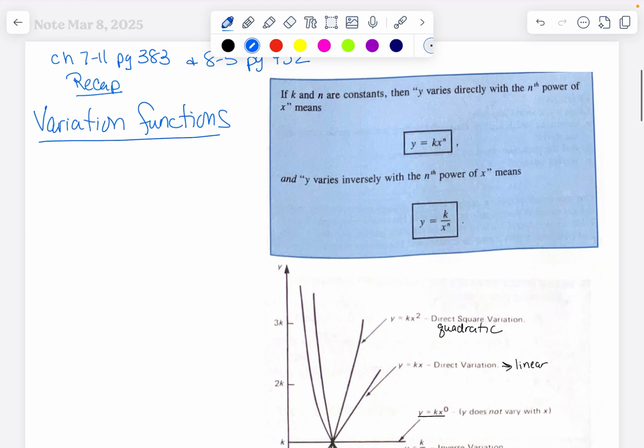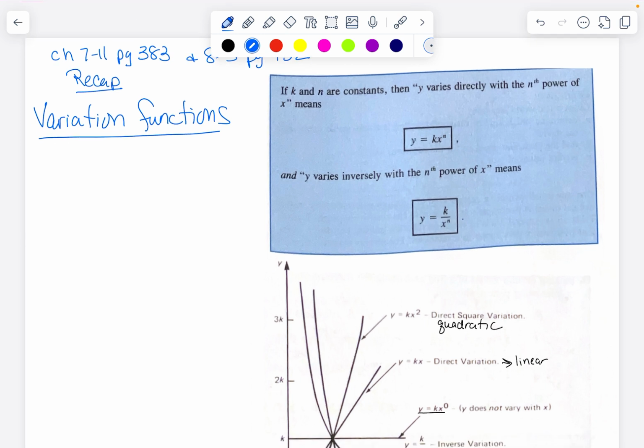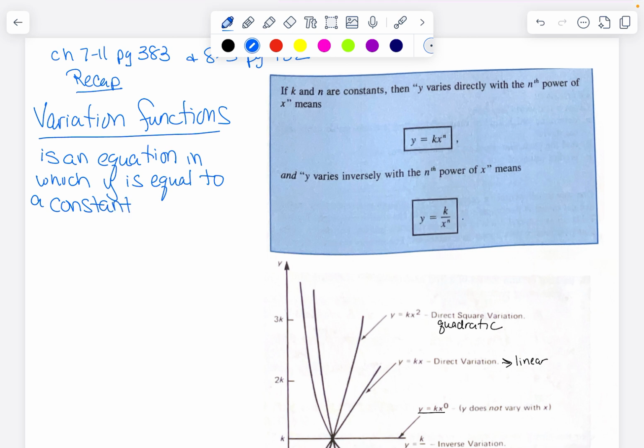So in our variation functions, we found that a variation function is an equation in which y is equal to a constant multiplied or divided by the power of x.